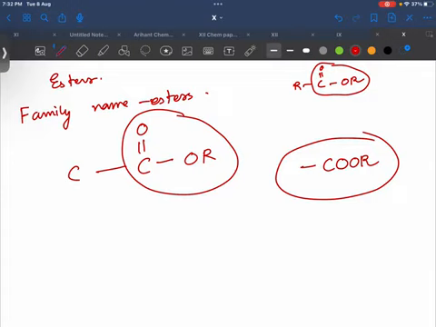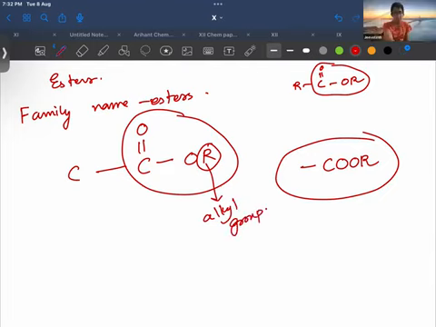So here R is an alkyl group. याद रखना. ठीक है. Secondary suffix नहीं चाहिए इसके लिए. Secondary suffix is not required. You don't have to name esters. ठीक है.